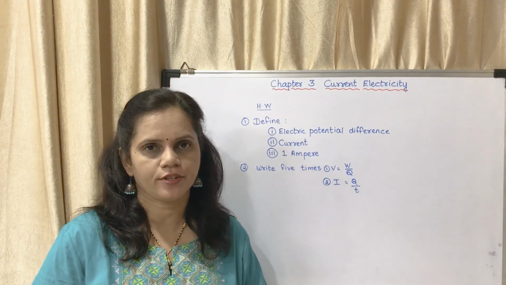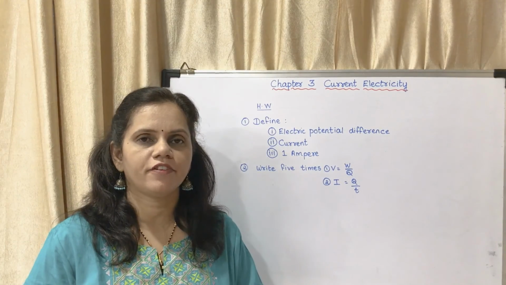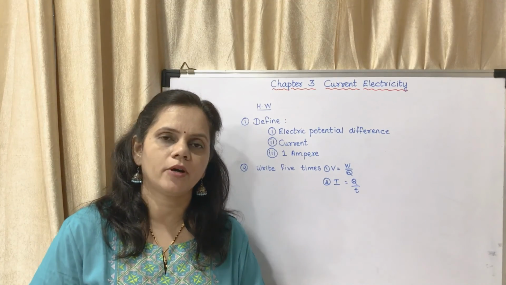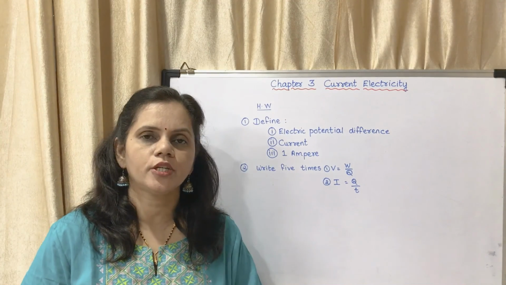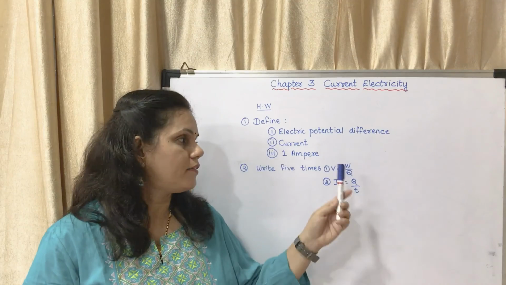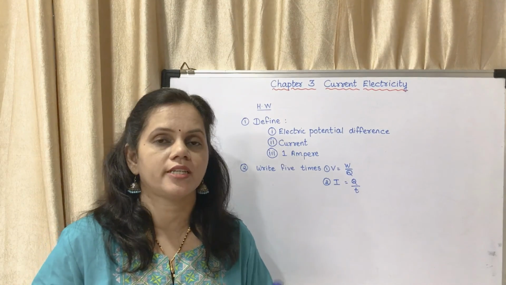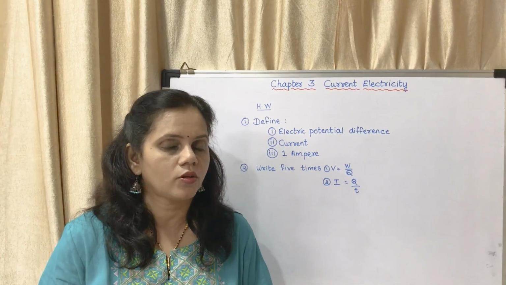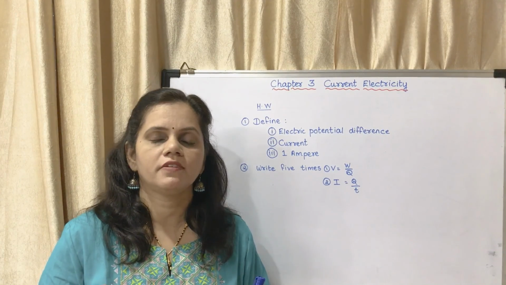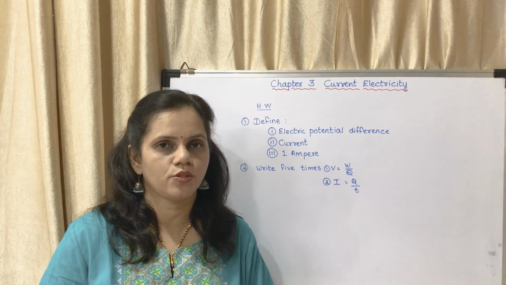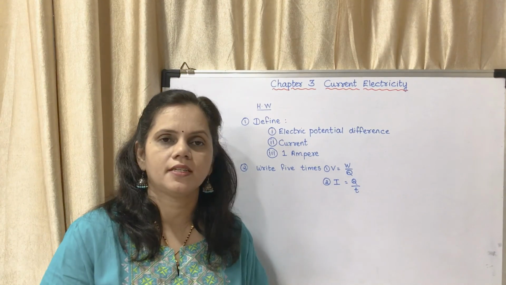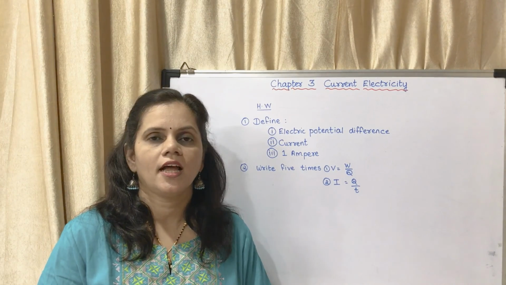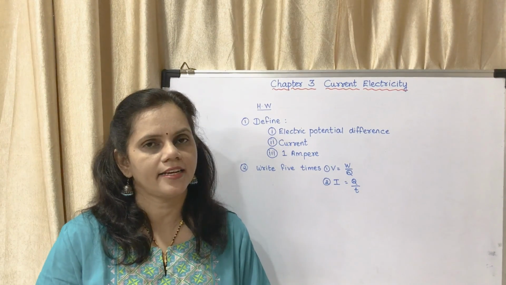With equation you have to write, and you have to write the formulas which we have learned today 5 times: V is equal to W upon Q and I is equal to Q upon T. You have to write what V stands for, what W stands for, what Q stands for, everything. 5 times, so that you will be thorough with the equations first. So you may mark everything in your textbook. First complete reading this part, then do the homework, and then learn the equations and the definitions.